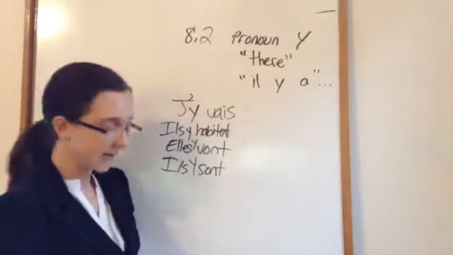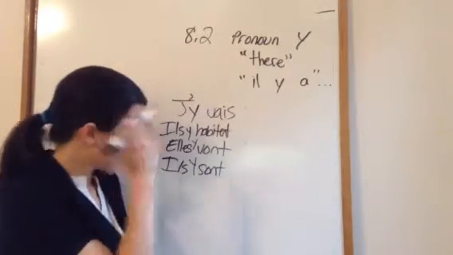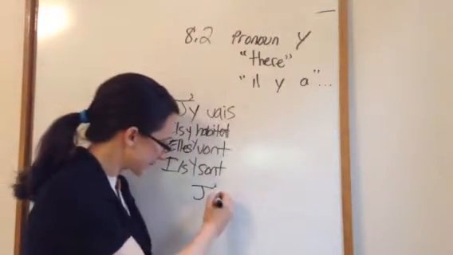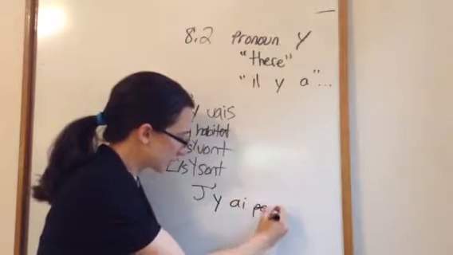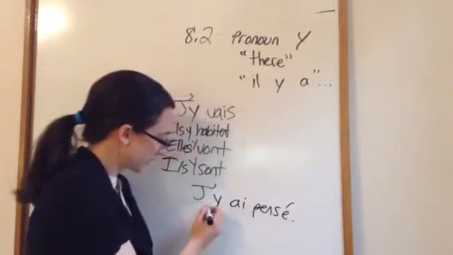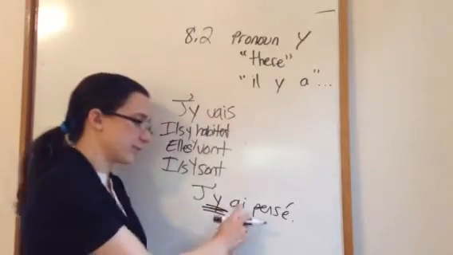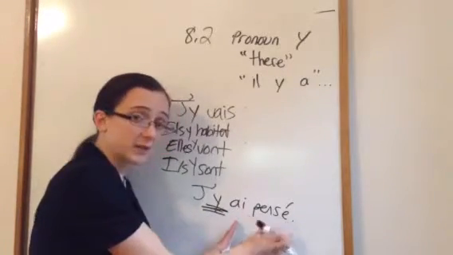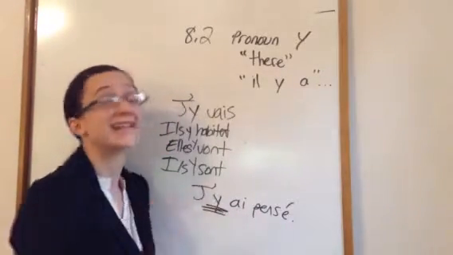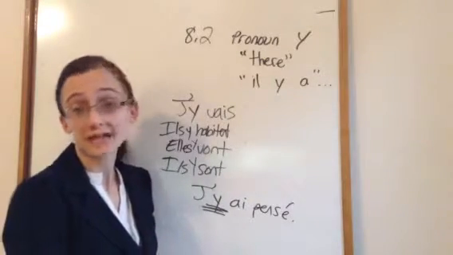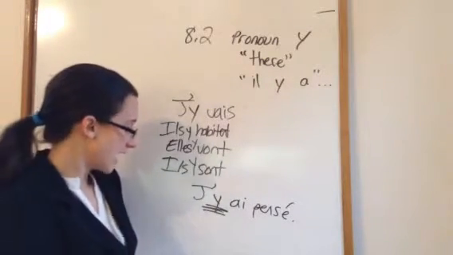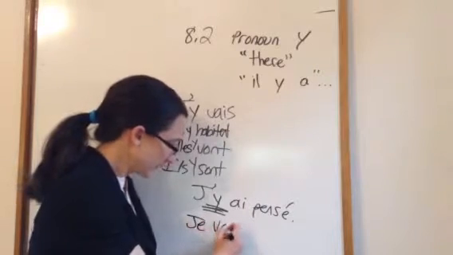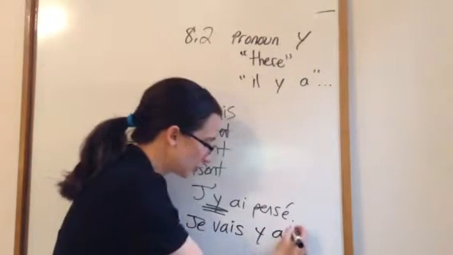If you're talking about, for instance, the past tense, j'y ai pensé, I thought of that. We are putting it before that whole phrase, in front of the auxiliary, not behind the past participle. Again, that's just like our direct and indirect object pronouns that we learned about. I am going to go there.